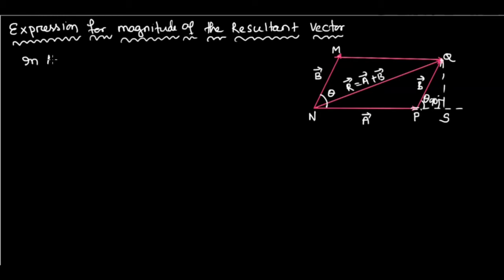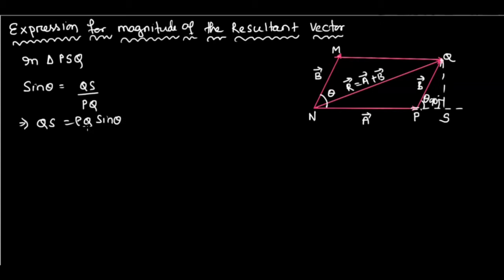So in the triangle PSQ, sine theta will be P by H, means QS by PQ. That implies QS equals PQ sine theta.